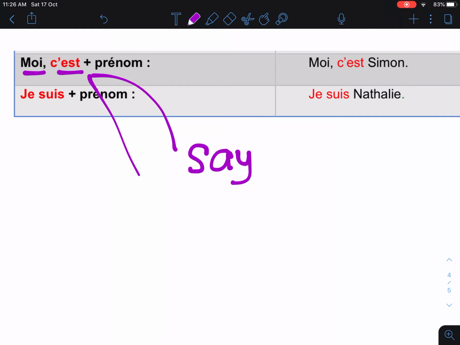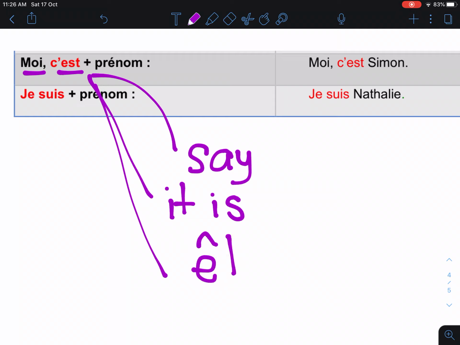And it means it is. And it comes from the verb être. The verb être means to be. Like the verb to be in English is I am, you are, he is, she is. So this one means moi, me, c'est, it is.